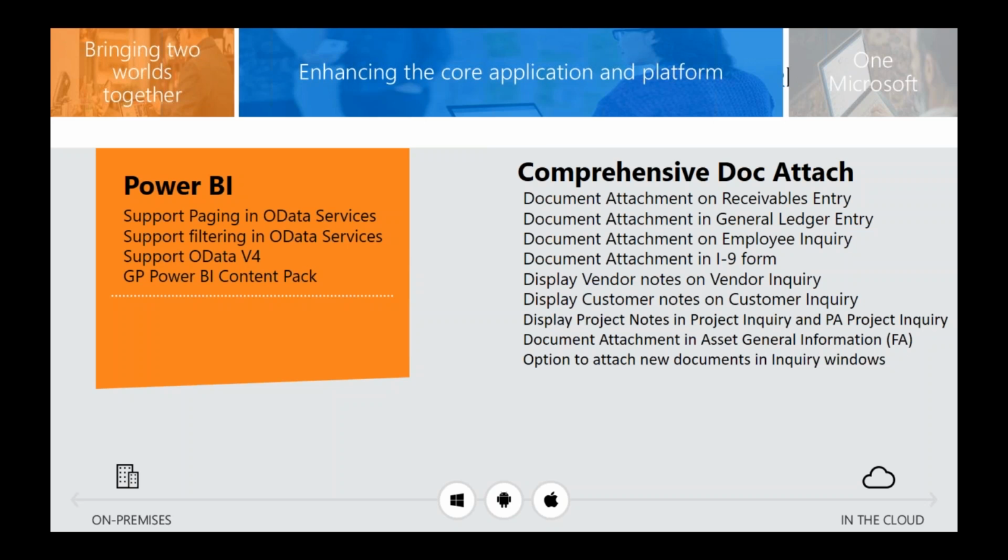You see down at the very bottom of the slide those three main logos, the iOS, the Android, and the Windows on the left. Microsoft is getting pretty agnostic to the platform. And just as a side comment, you could actually launch GP and run it on a Mac now, which we've had clients doing for many years.